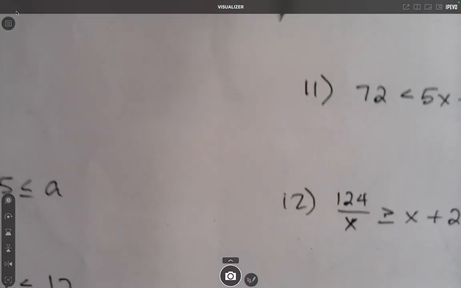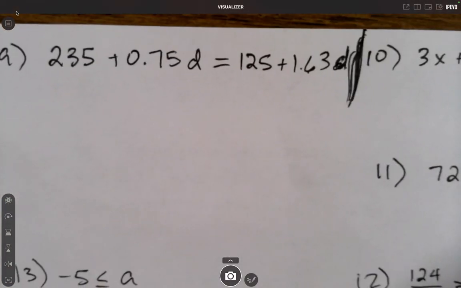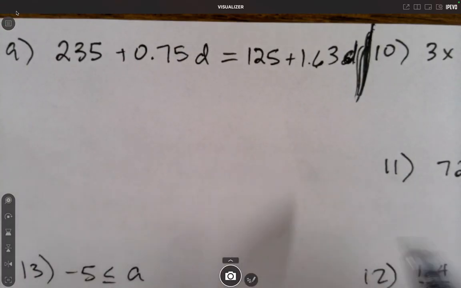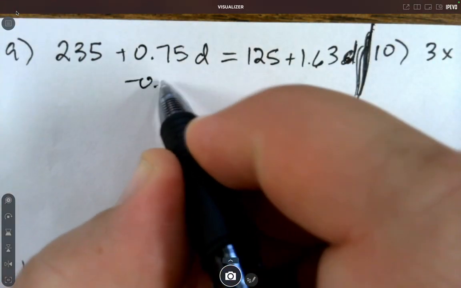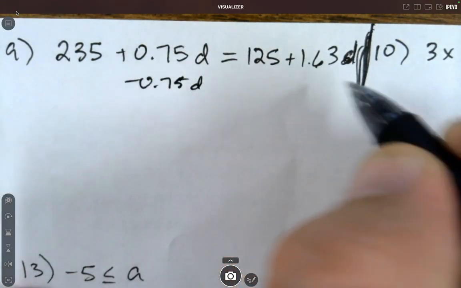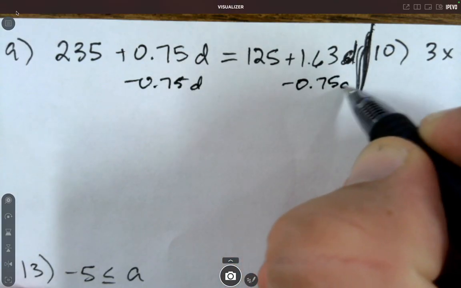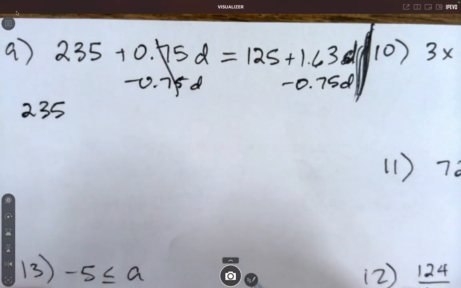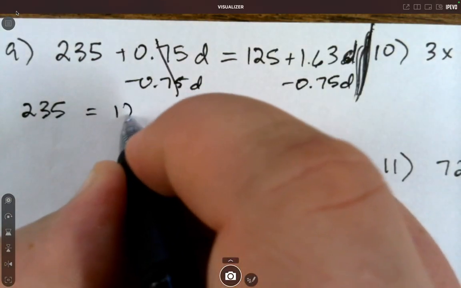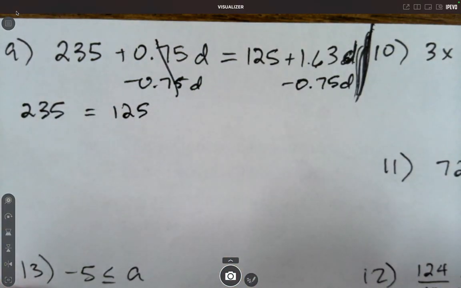Okay, so I just rewrote the equation here. Like I've said before, I'd recommend when we have variables on both sides, we start by combining the two terms with variables. So I'm going to subtract 0.75d from both sides. I think that's 88 cents.